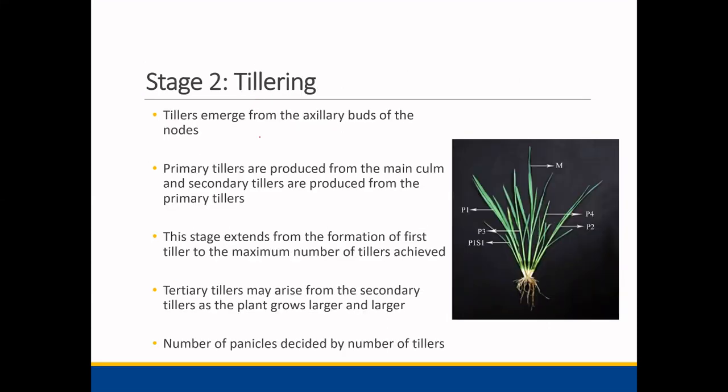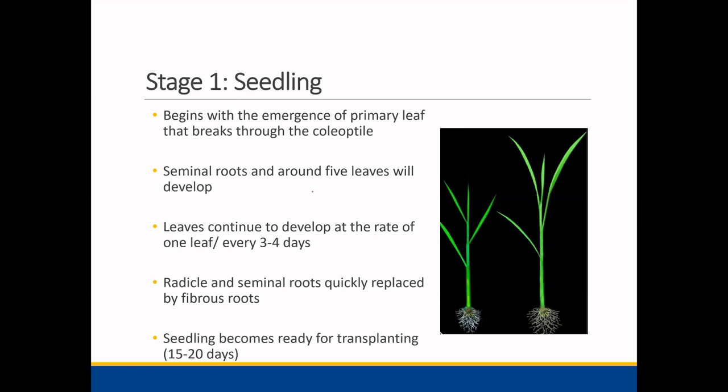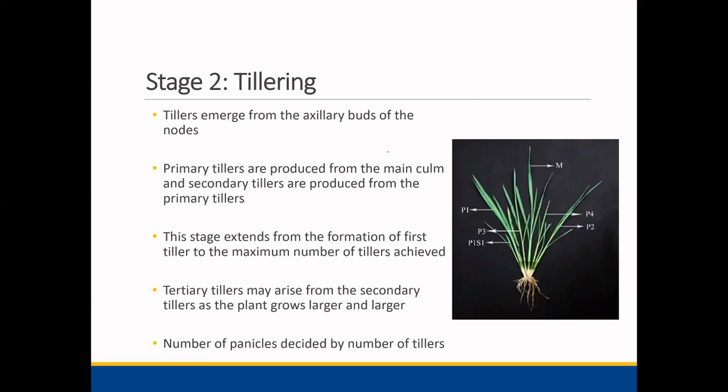Now you can visualize these events in a sequence. Earlier they germinated, and then when we go to the seedling, they develop the primary leaf and other leaves, and then they develop the tillers.